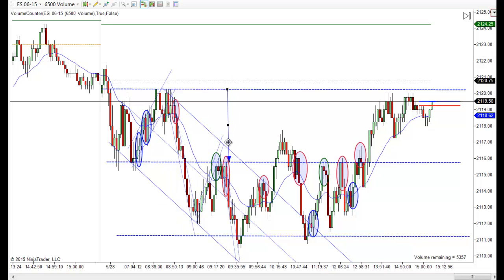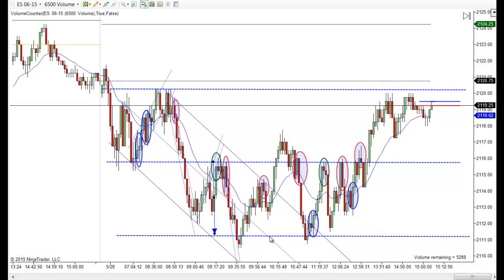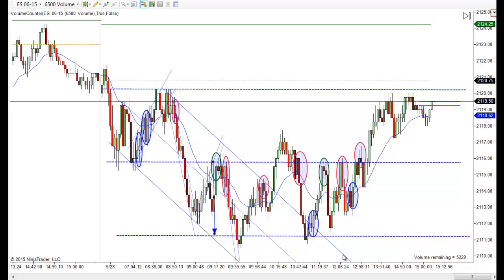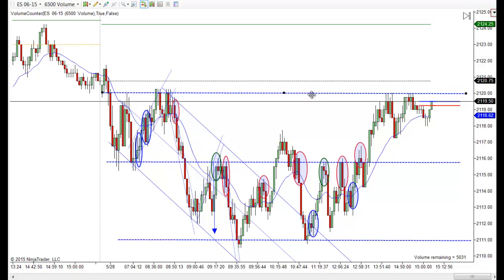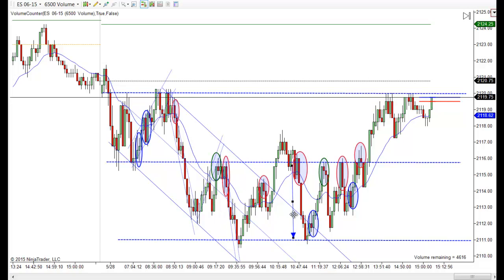But if you measure this first one and you measure down, we pretty much got to the measured move. Maybe we went a few ticks lower, but this pretty much held. Maybe it is a tick lower here and a tick lower up high, because it's probably going to be more like that right there, since that gives you more touches across the top and fits better in the middle.